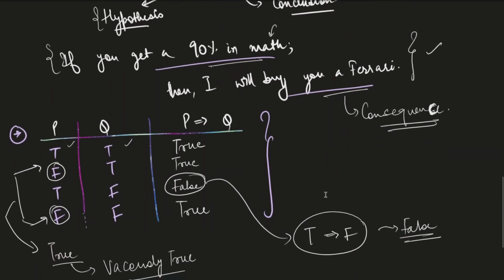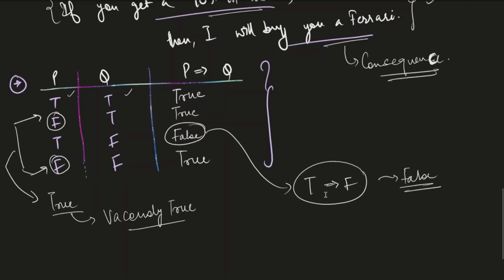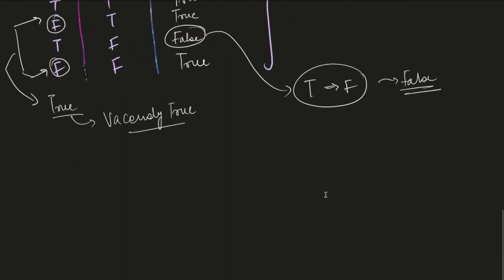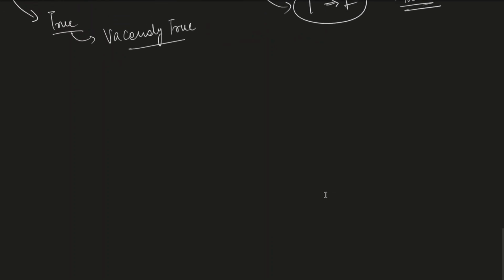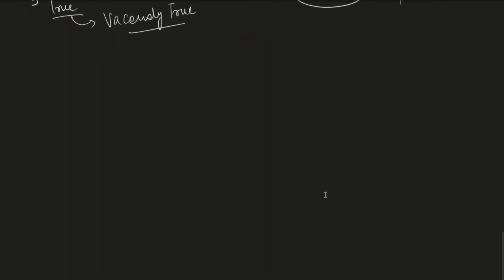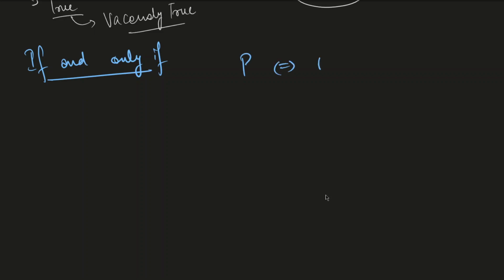These implications are favorites for proofs and all sorts of weird questions. You'll end up using these in more and more math as you go ahead. The next, and probably the last one, is an if and only if statement. An if and only if is different from an implication because it works both ways.